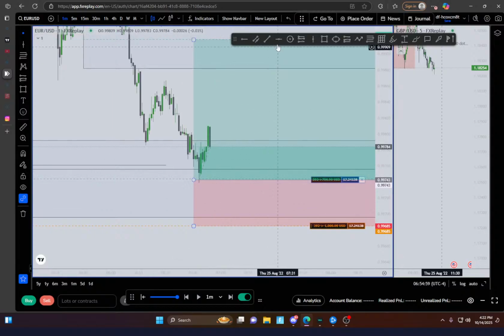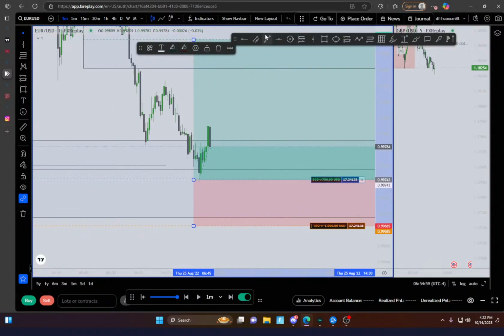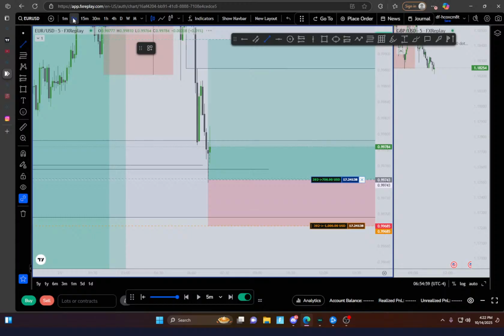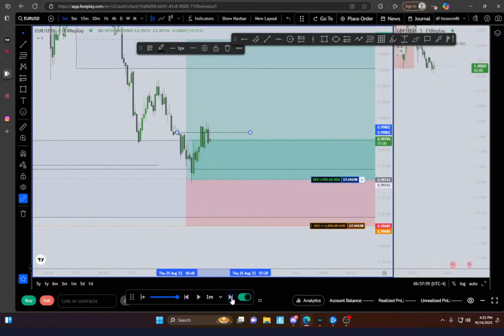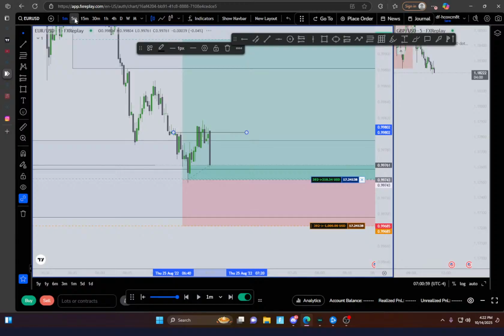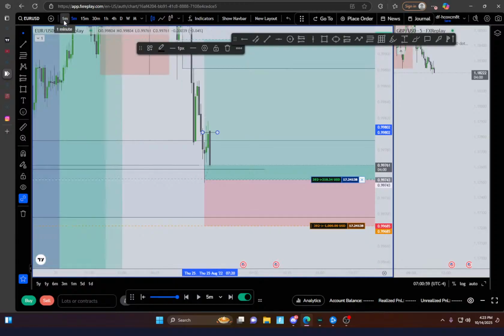Push up, and then let's see if we get a close above here, that would be great. Failing to get a close. Really are failing to get a close.